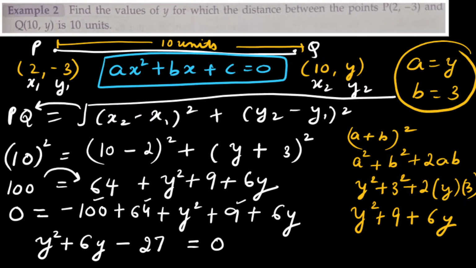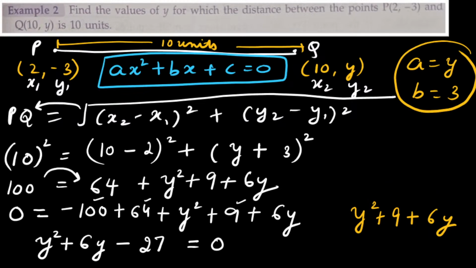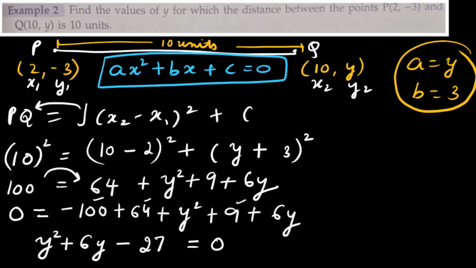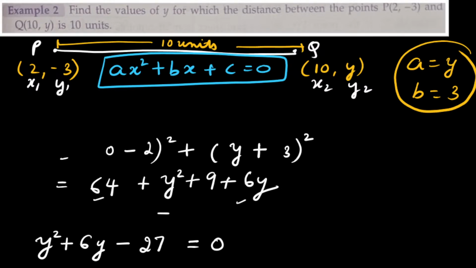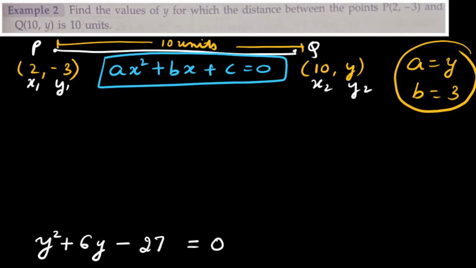So we have got the quadratic equation. Now we have to simplify the quadratic equation by factorization, by splitting the middle term. You all know how to solve it.